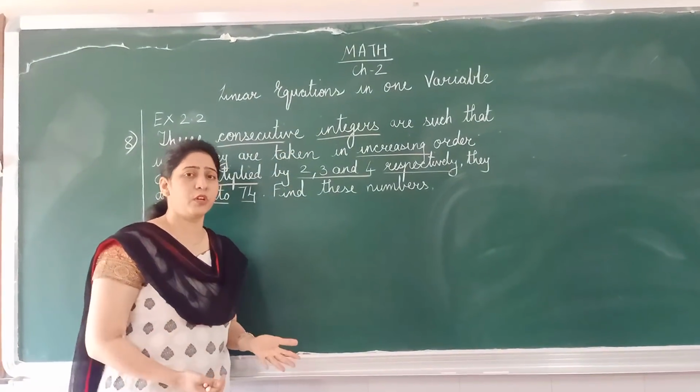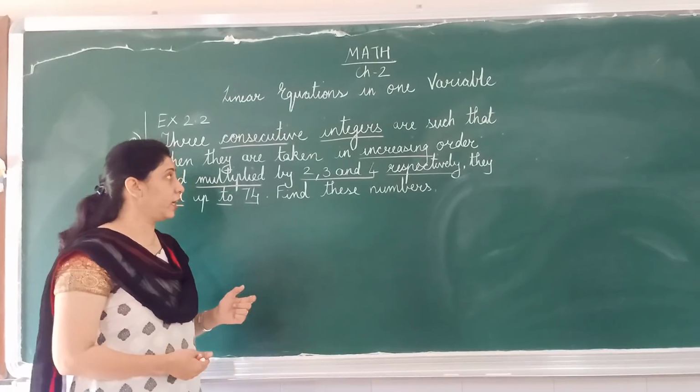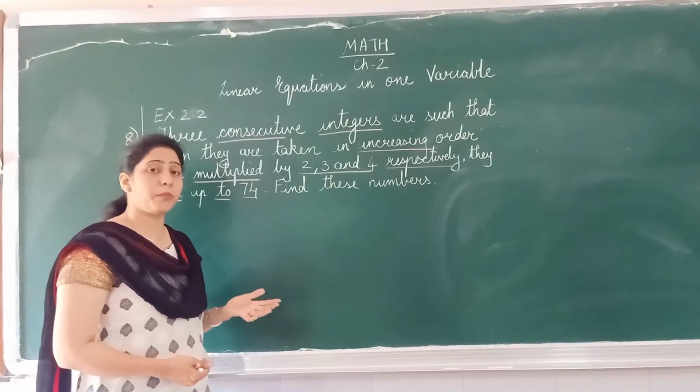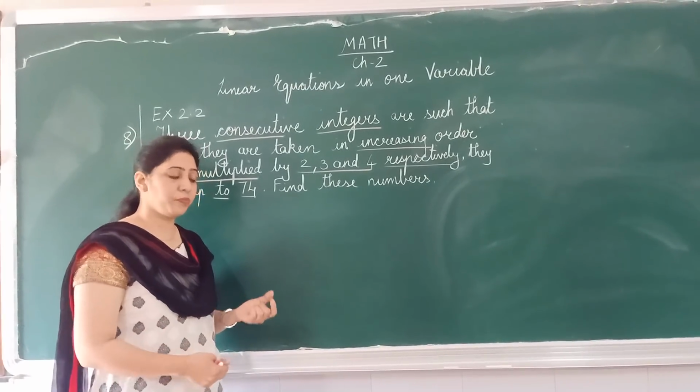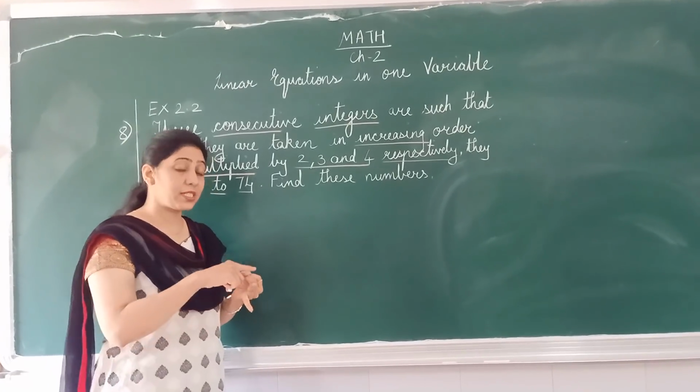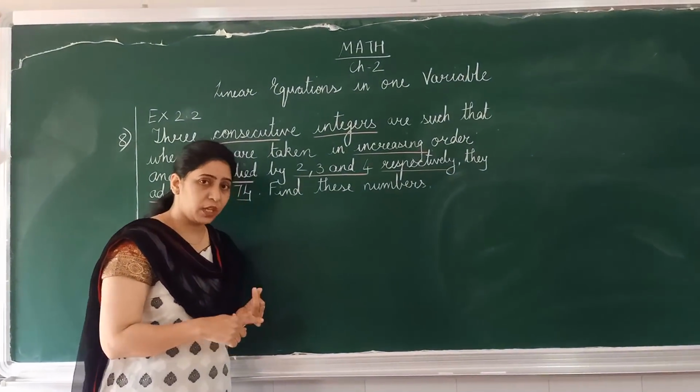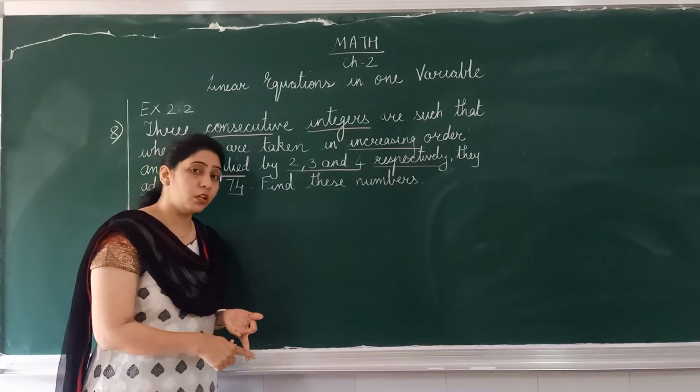Now what is the formula for consecutive numbers? How to find them? The three consecutive numbers: the first one is x, the second one is x plus 1, and the third one is x plus 2.